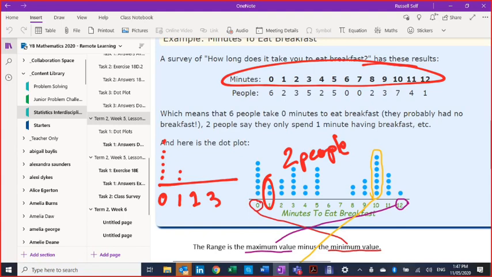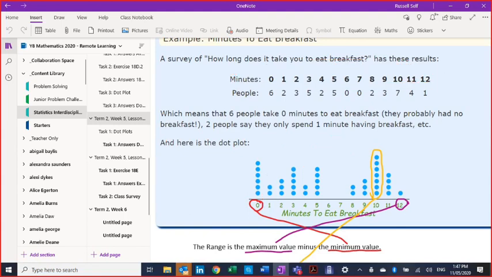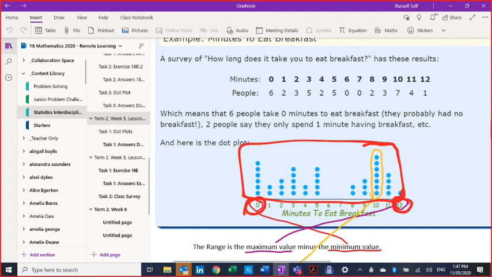All right, now, one of the easiest things to find is simply the range, because you just find the largest number minus the smallest number. And you're always talking about the range of items, not how many people or how many results, but the range of items.